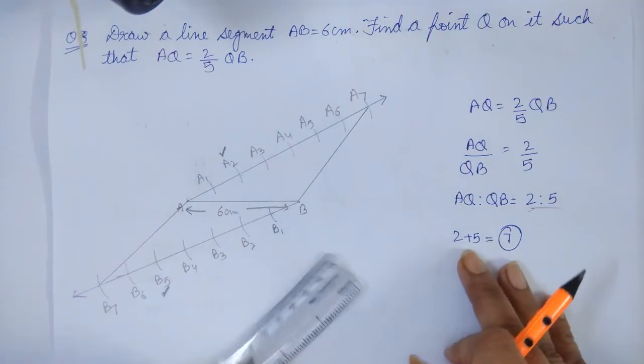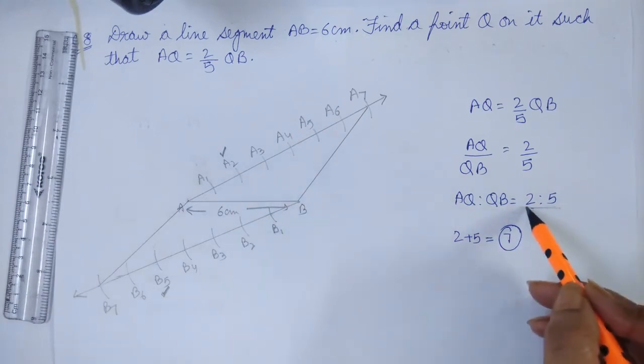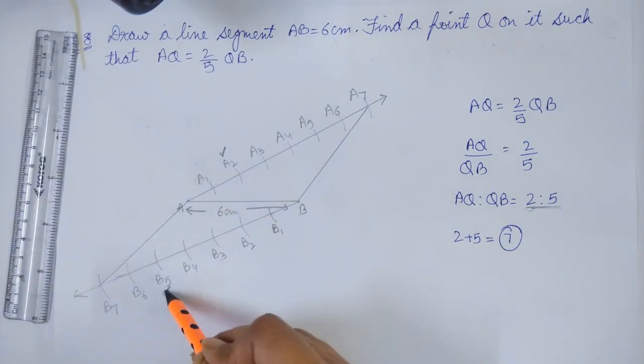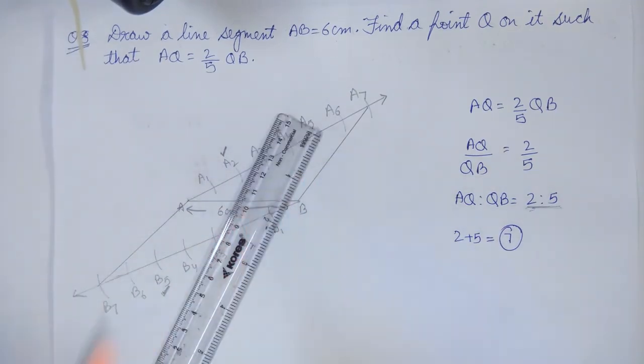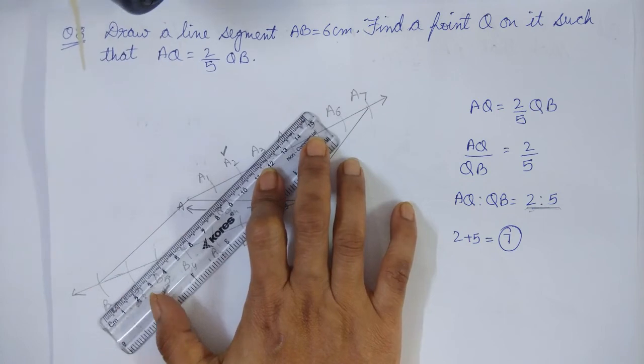Like this. Now according to the question 2:5, you will mark where 2 and 5 are written and then join.